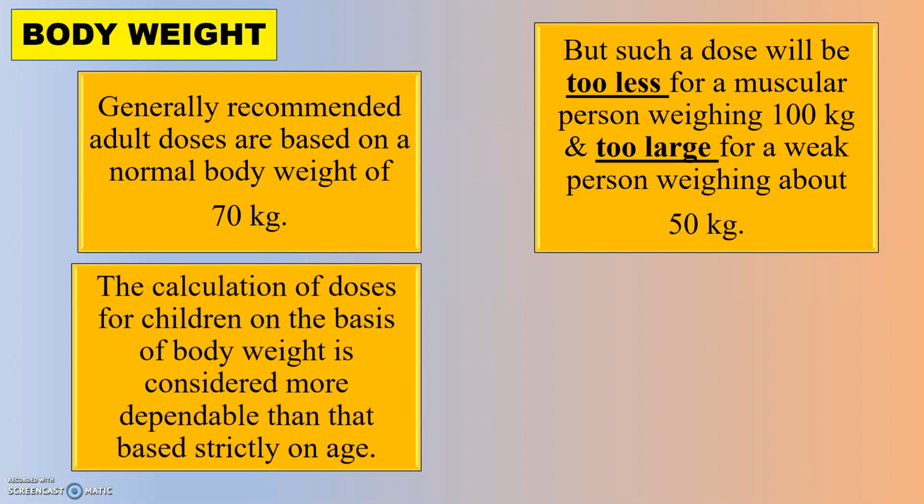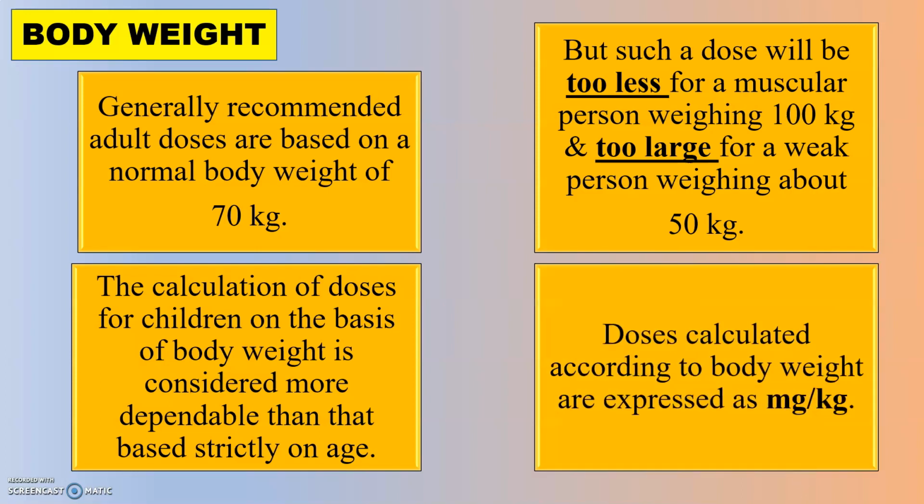The calculation of doses for children on the basis of body weight is considered more dependable than that based strictly on age. Doses calculated according to body weight are expressed as mg per kg.